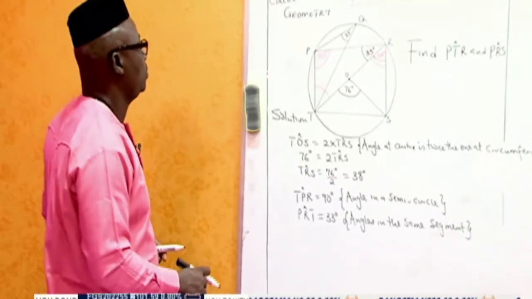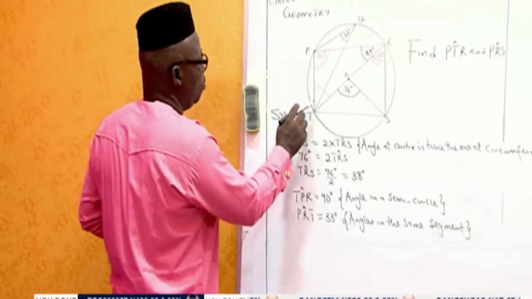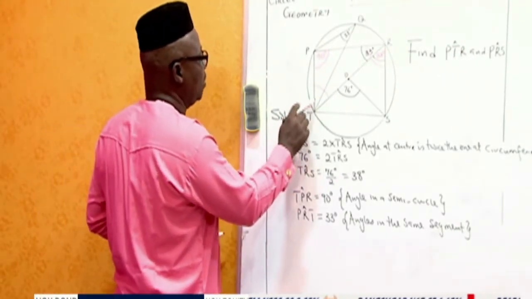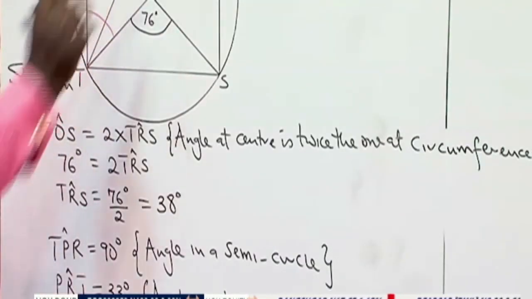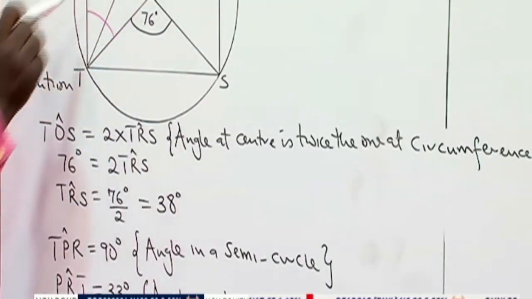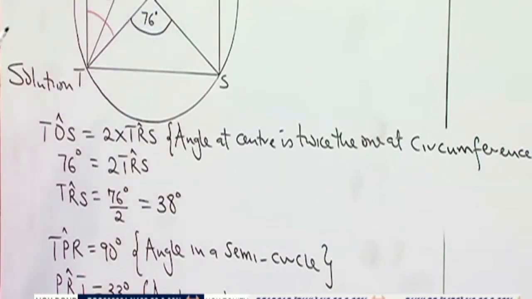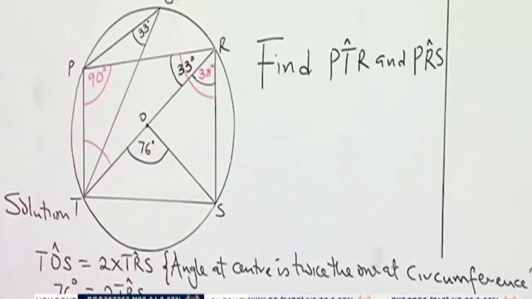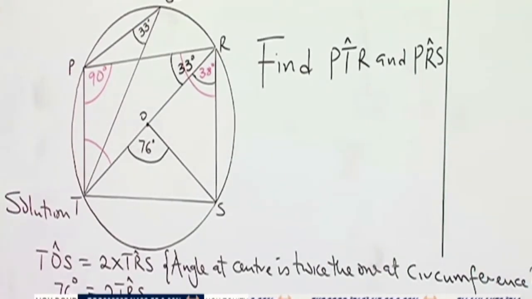So at this point, we can now find this particular angle here, that is angle PTR. Angle PTR plus angle 90 plus angle 33 is going to add up to give 180 degrees, because that is the sum of angles in a triangle.